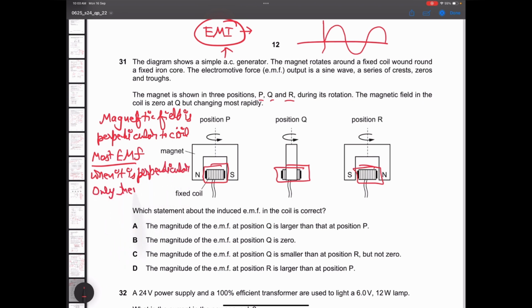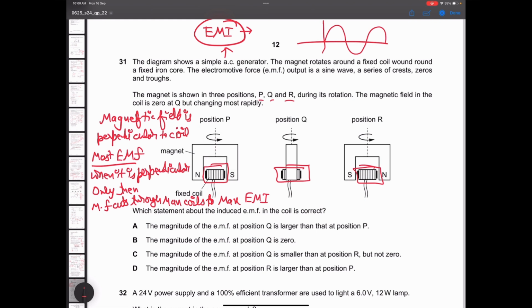Only then does the magnetic field cut through maximum coils, so maximum electromagnetic induction. So more EMF will be generated. Very simple point. The magnetic field needs to be perpendicular to the coil for maximum electromagnetic induction to take place.